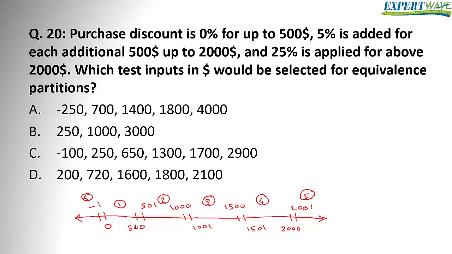So we have one invalid partition and 5 valid partitions. Quickly, the only answer that has 6 values is answer C.